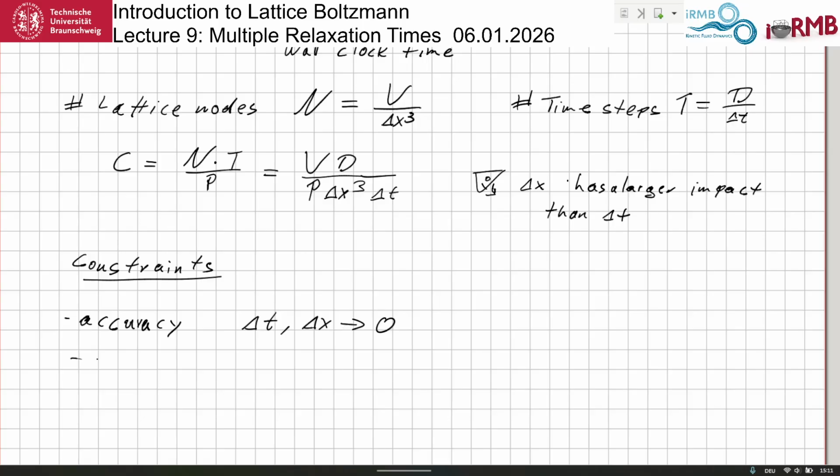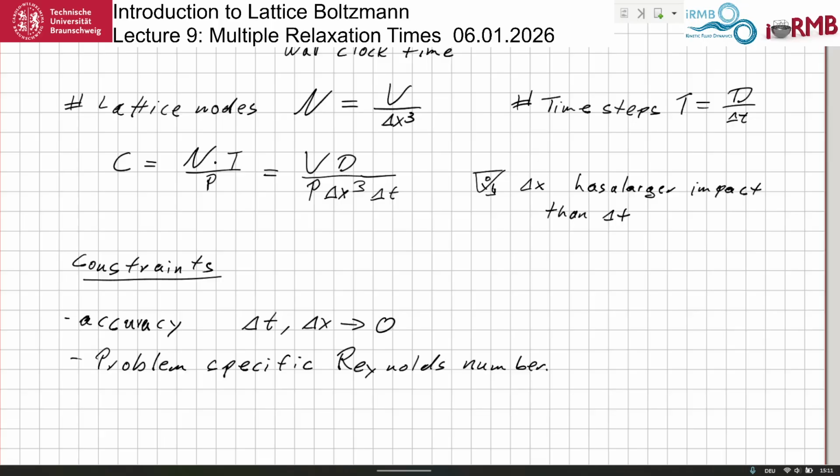You have a problem-specific Reynolds number. And in principle, if you would do acoustics, you would also have a problem-specific Mach number. But most of the time, we do not do acoustics, and we do not care about the Mach number that much. But if you care about your Mach number, your analysis will be different.